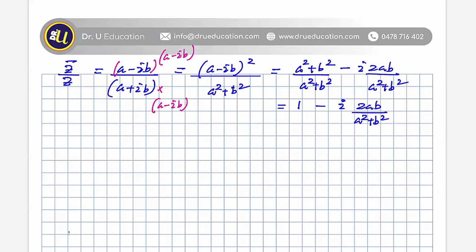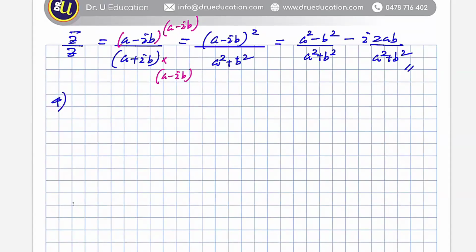Okay. Is that? a squared minus. Right. That's all good.